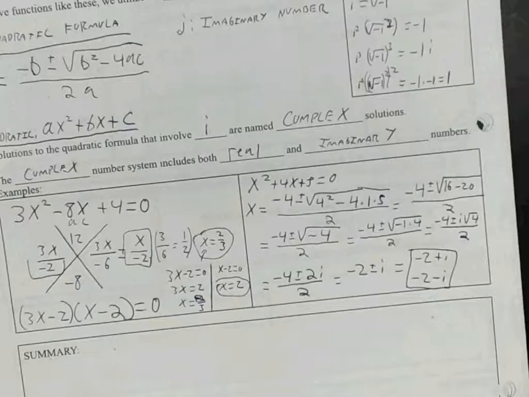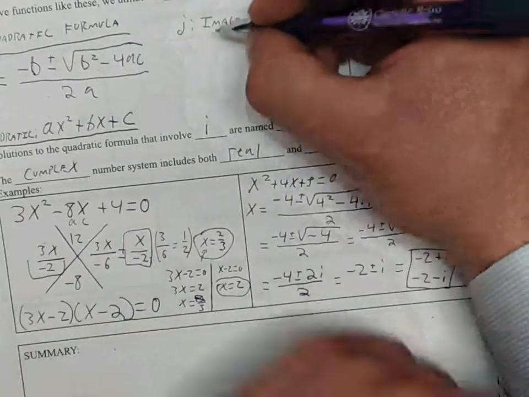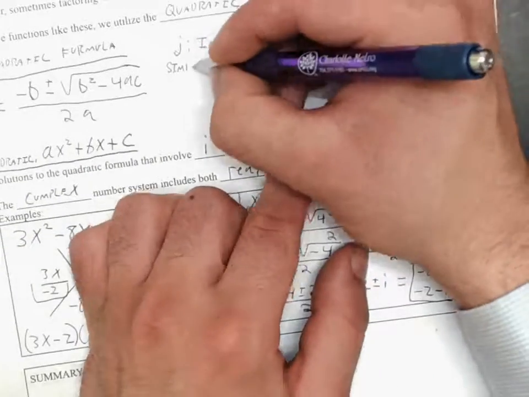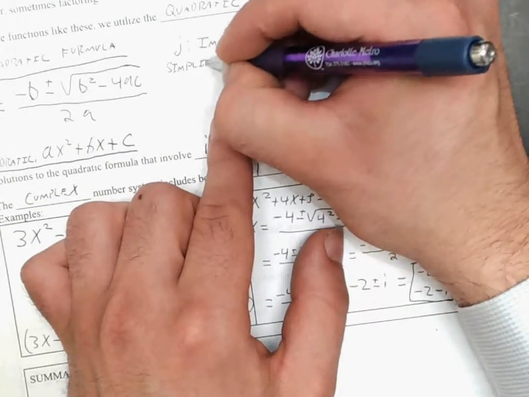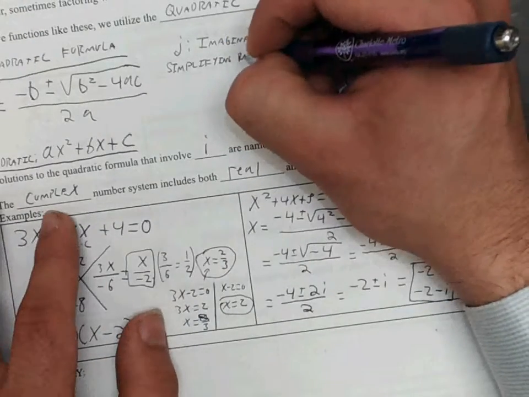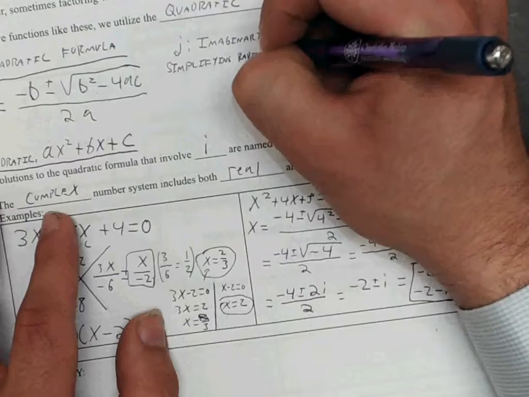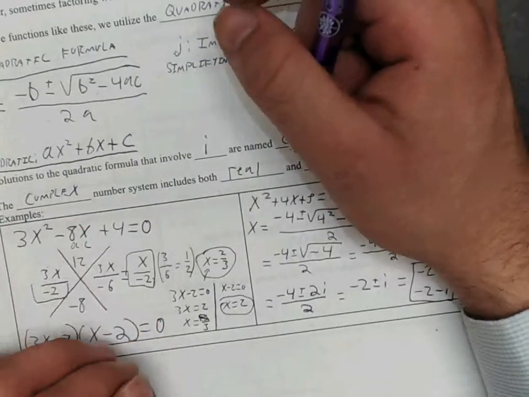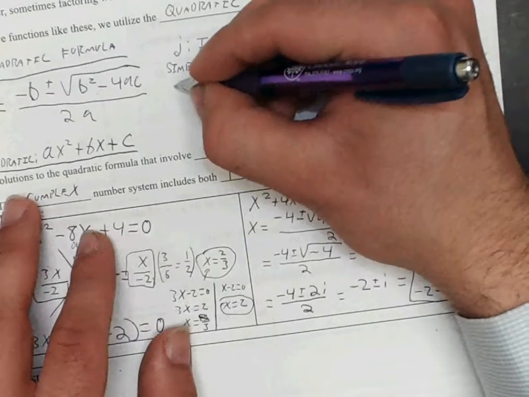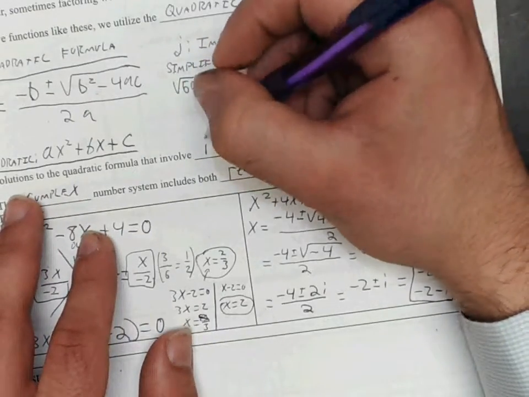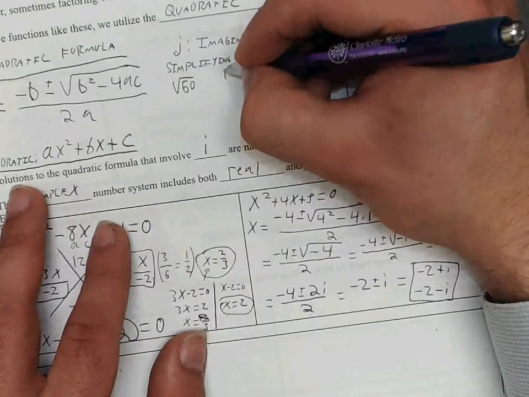Some other things I want to note about simplifying radicals. Let's take, for example, the square root of 60. You want to find perfect square factors.